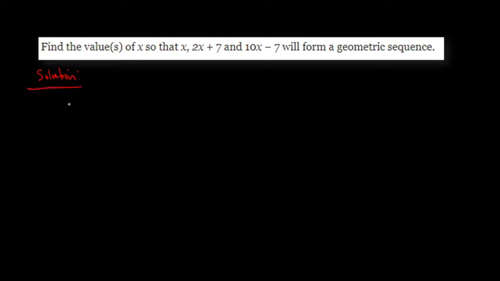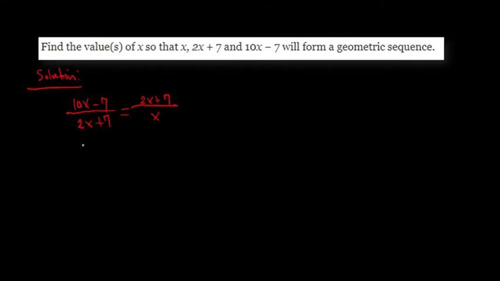So, we have 10x minus 7 divided by 2x plus 7 is just equal to 2x plus 7 over x.